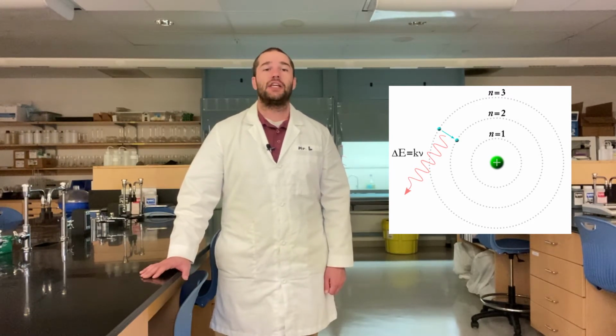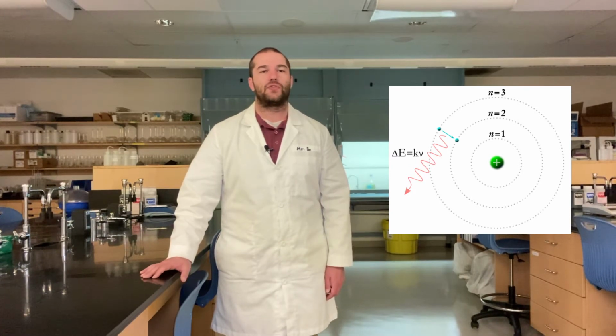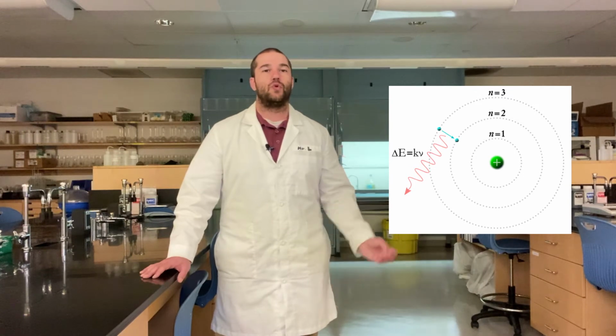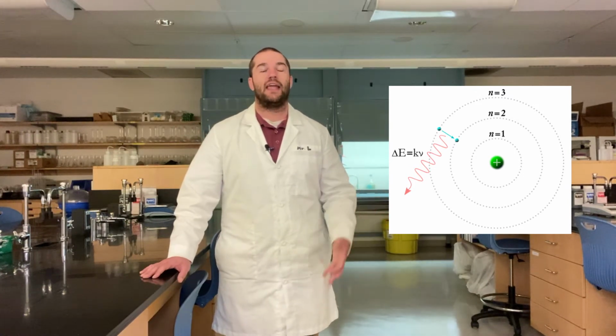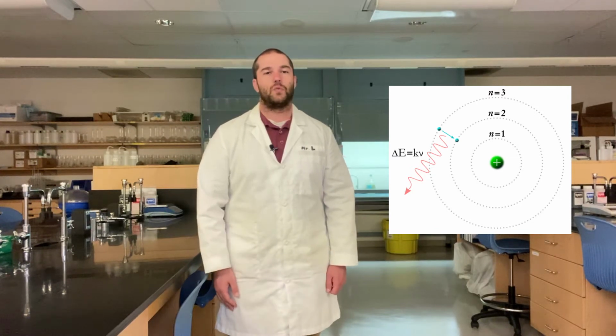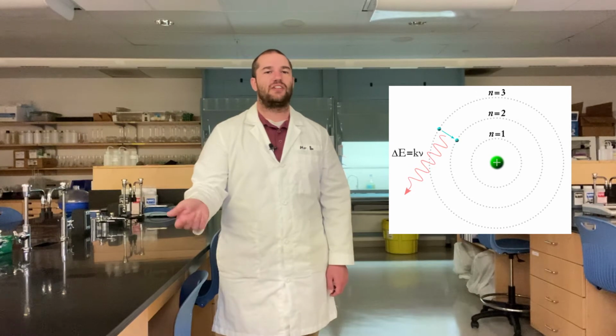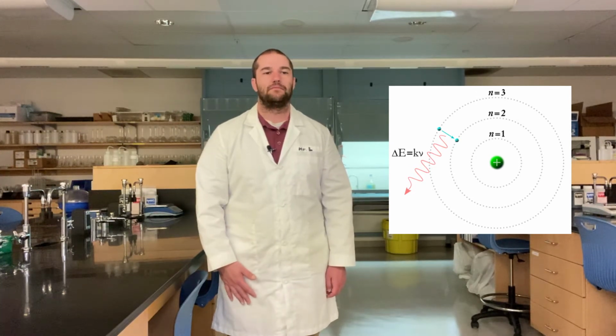And if it's got a certain quanta of energy to allow it to move to the next one, the next orbital is just going to be n equals 2 or n equals 3 all the way out into infinity. So the electron is going to absorb energy to go to an accepted orbital outside of n equals 1, and then it's going to dissipate that same exact quanta of energy to go back to the ground state.